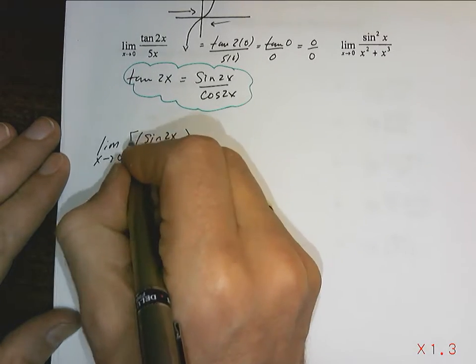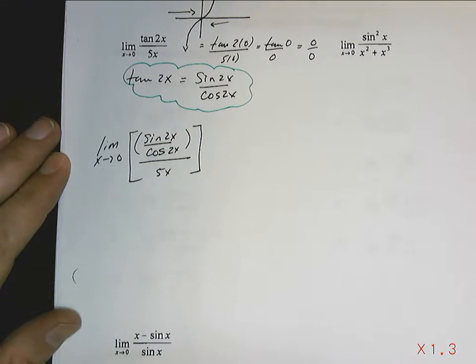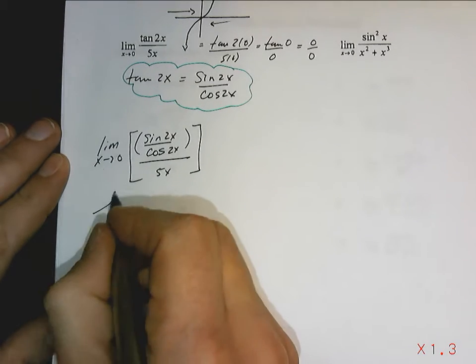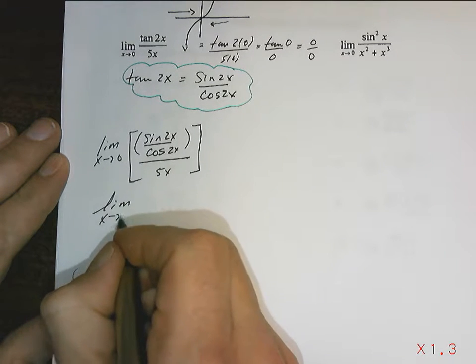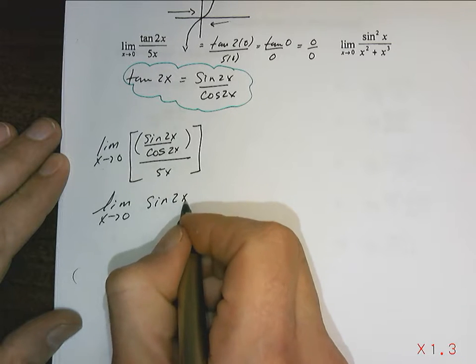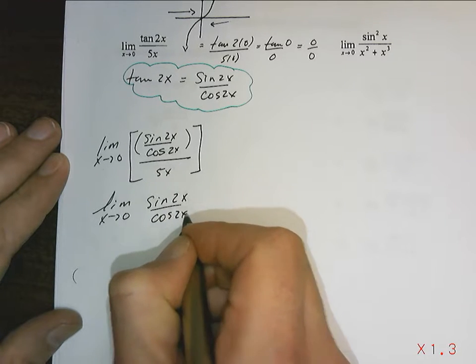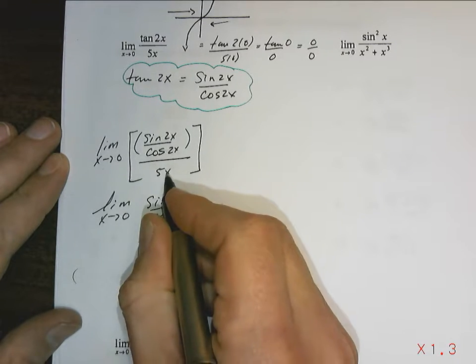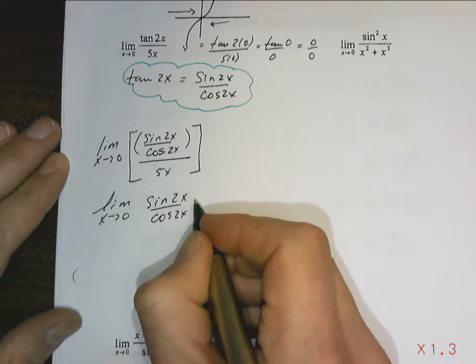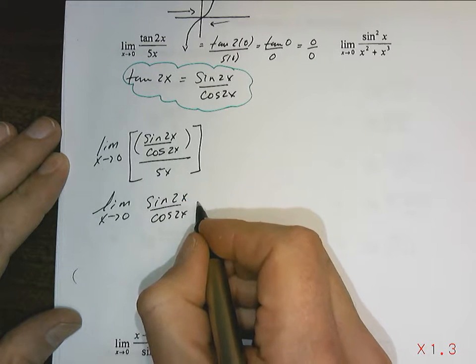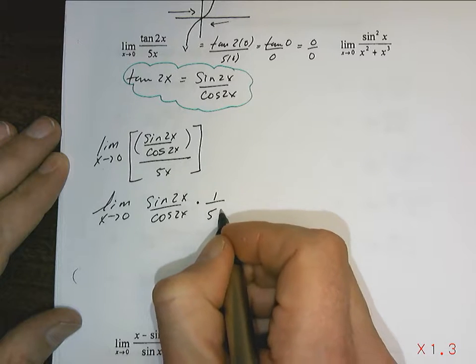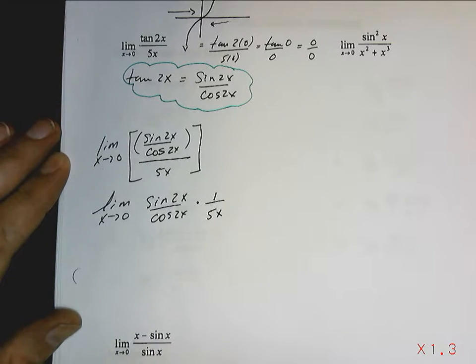Now, ladies and gentlemen, I'm going to do a little bit of algebra here. Limit as x approaches 0 of sine 2x over cos 2x divided by 5x, or I can say times 1 over 5x. It means the same thing. Convince yourself of that.